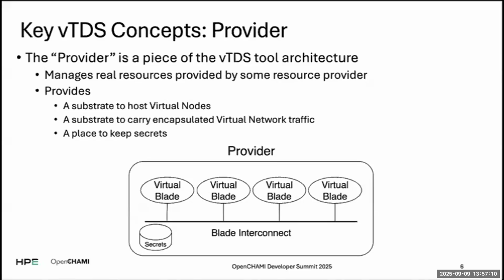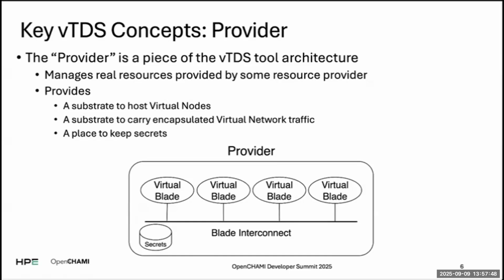So virtual blades in the GCP case are GCP instances. The blade interconnects are VPC networks, and the thing that is interesting about these is that a virtual blade and a blade interconnect are going to be constrained to whatever the underlying provider allows to be done on that.